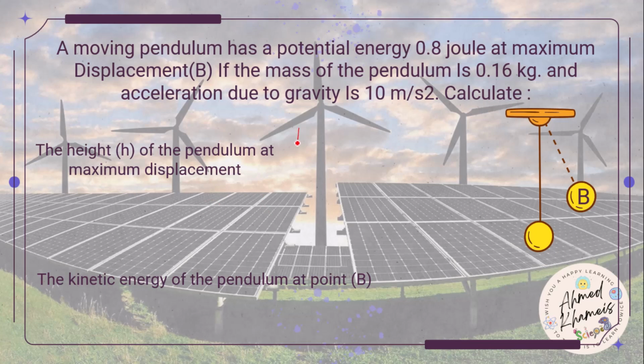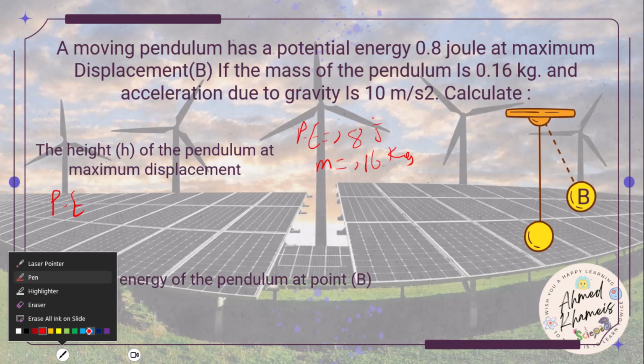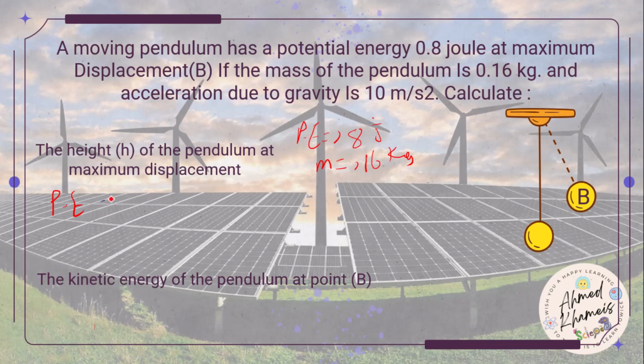So the potential energy equals 0.8 joule, the mass equals 0.16 kilogram. So as we know, the potential energy equals the weight multiplied by the height.